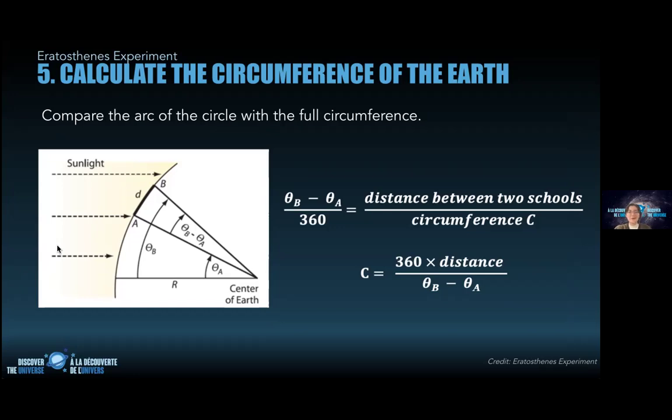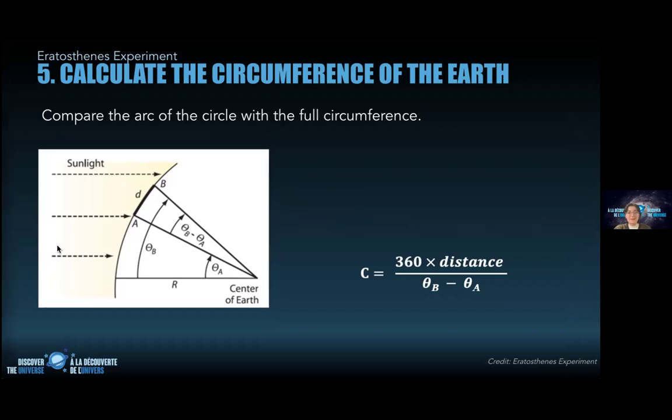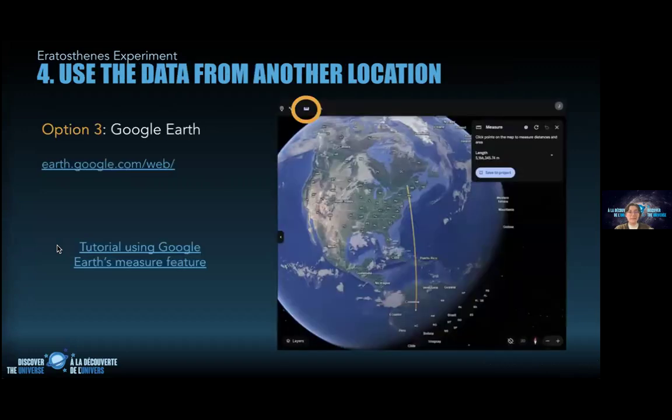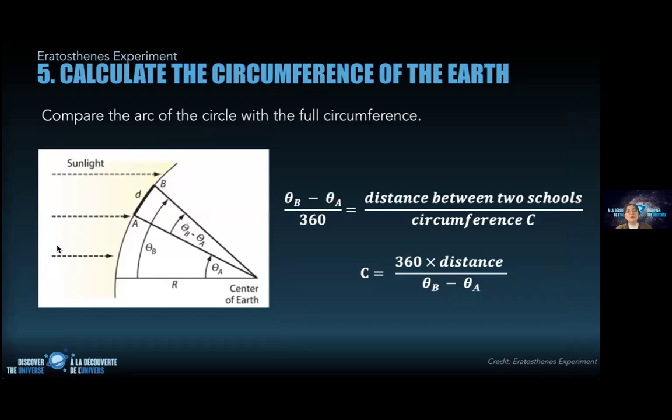Okay, so the next step after you find the distance between the 2 locations and are using the data from another location, you'll want to calculate the circumference of the Earth. And the way to do this is to compare your little angle difference to the entire circumference, or the entire circle of the Earth.